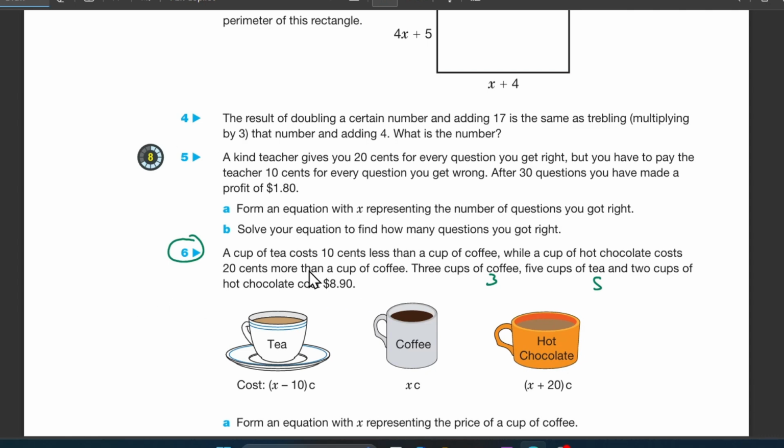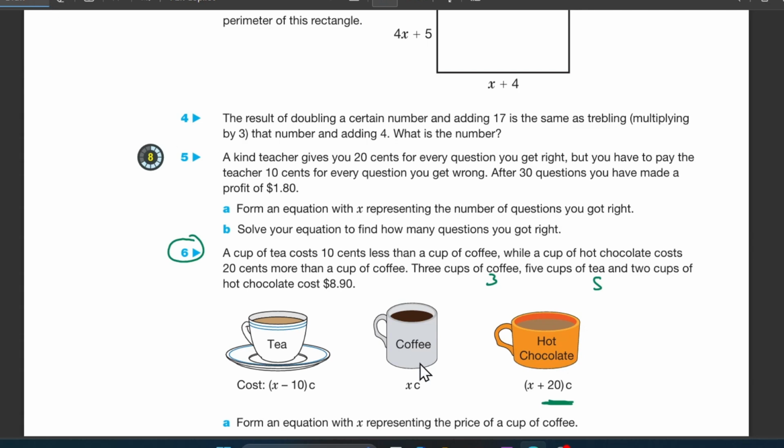Okay, the cost of coffee is taken as x. A cup of hot chocolate costs 20 cents more than a cup of coffee, so x plus 20.